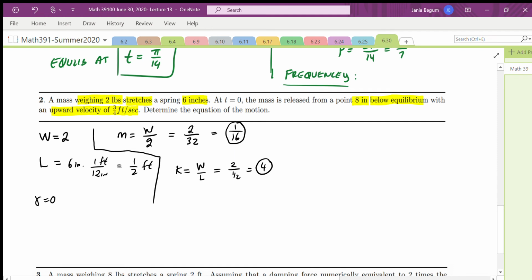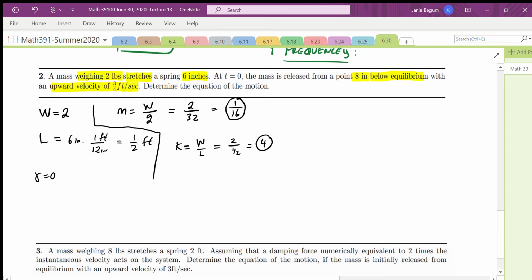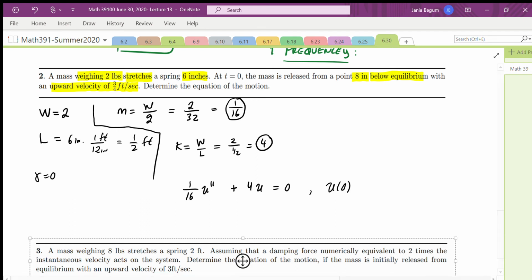Now let's set up the differential equation. We have m times u double prime, so that's 1 over 16 u double prime plus gamma, which is 0, k is 4, so we have 4u is equal to, the question doesn't mention external force, so that's also 0. Along with the initial condition u of 0, what's the initial position of the mass? 8.